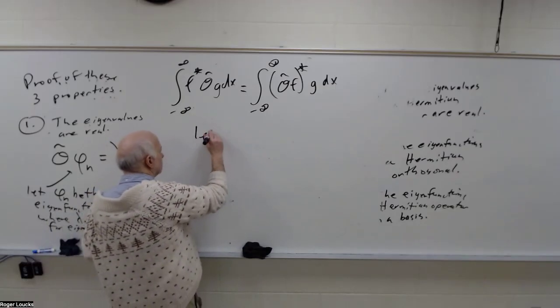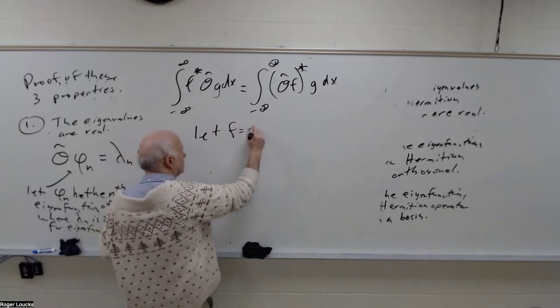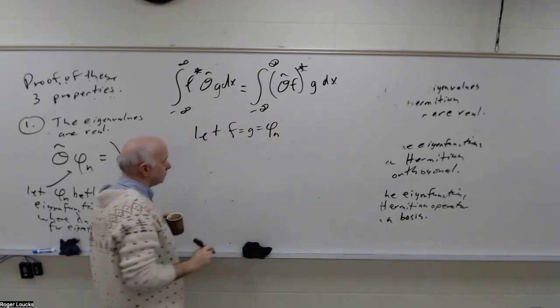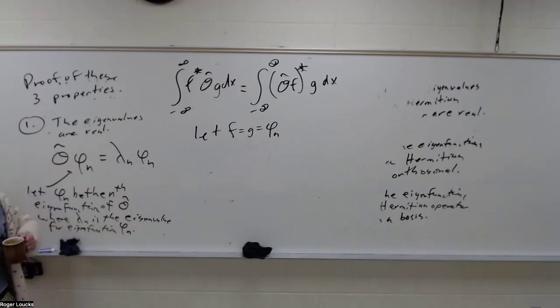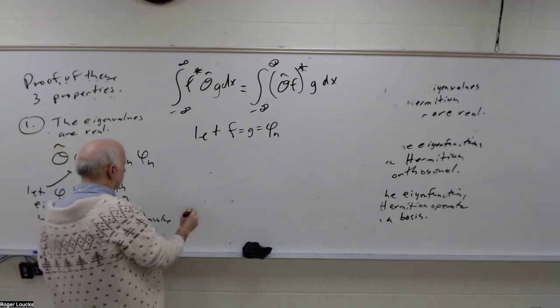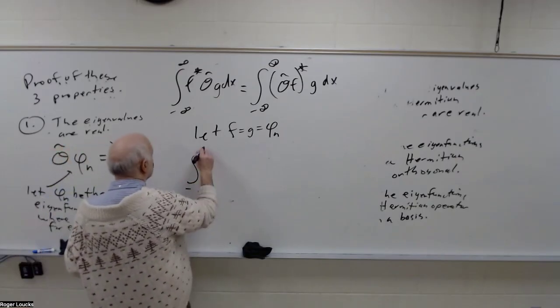Okay, so we're going to let f equal g equal phi sub n. It's an arbitrary function, so I can let it equal anything I want. If I put this in here, what do I get?